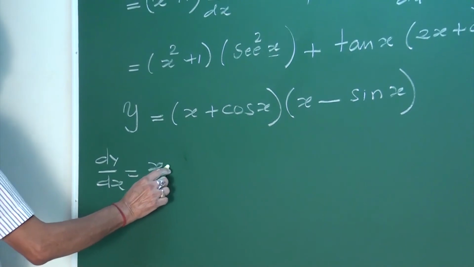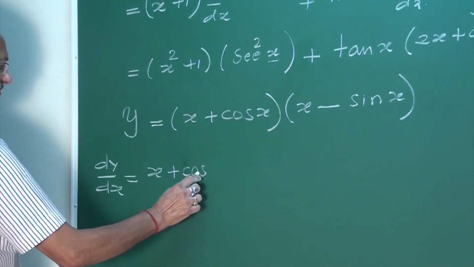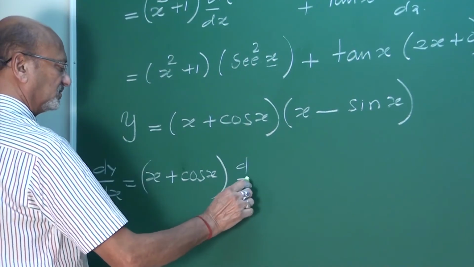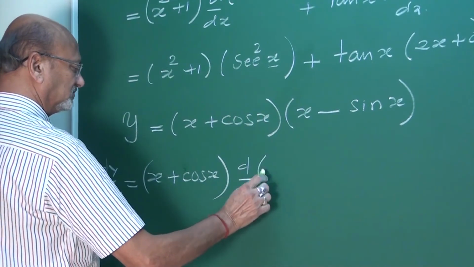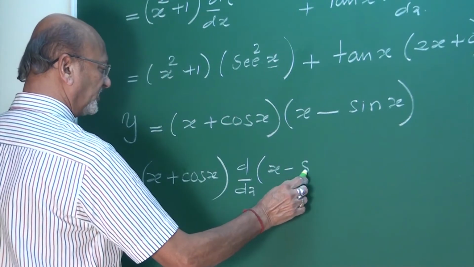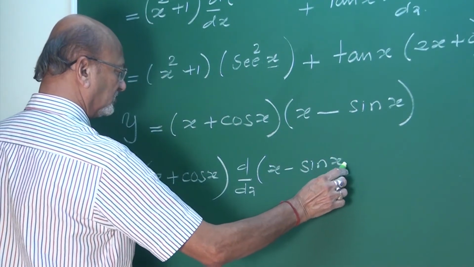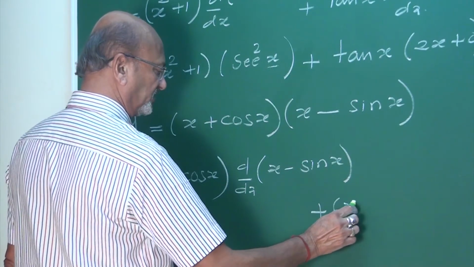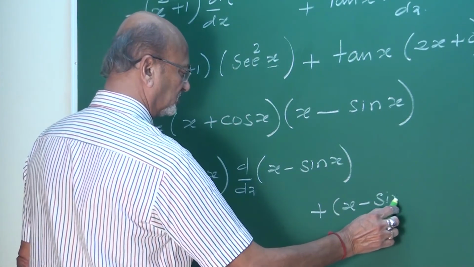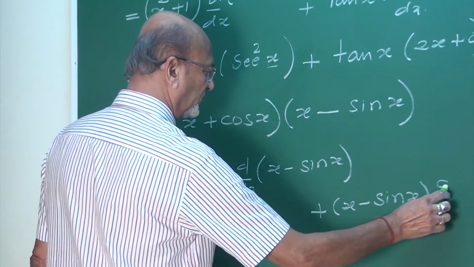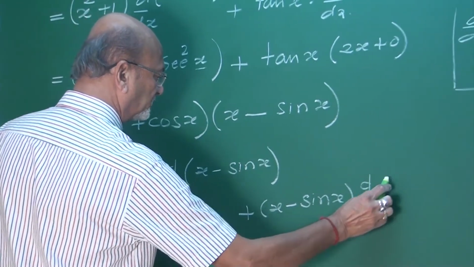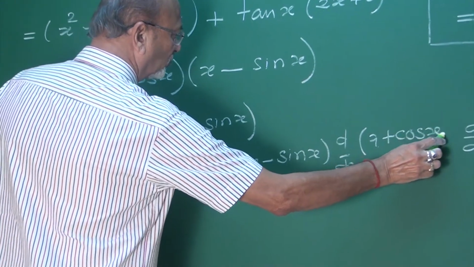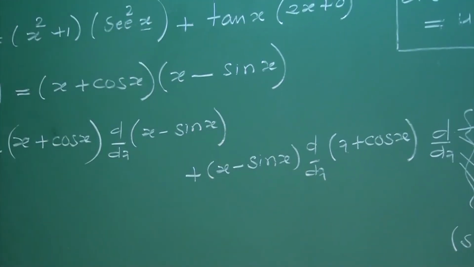First function as it is, into the derivative of second, where second is x minus sin x, plus x minus sin x as it is, into the derivative of x plus cos x. Slightly bigger, that's all.